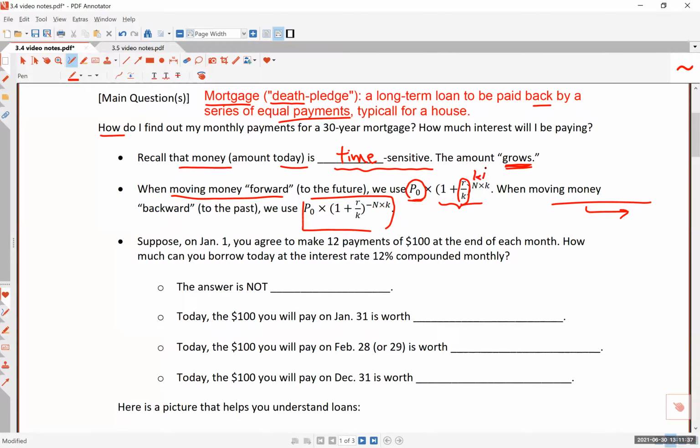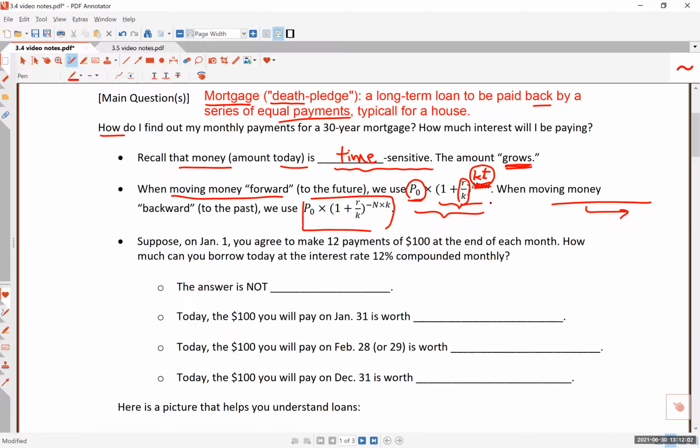This used to be N times K up until the last edition. In our new edition of the book, we call that N T, where T is the number of years, time in years. So 1 plus R over K raised to the KT, where KT represents the total number of compounding periods. Okay, this is our compound interest formula.